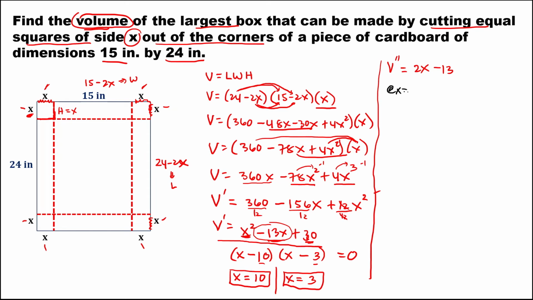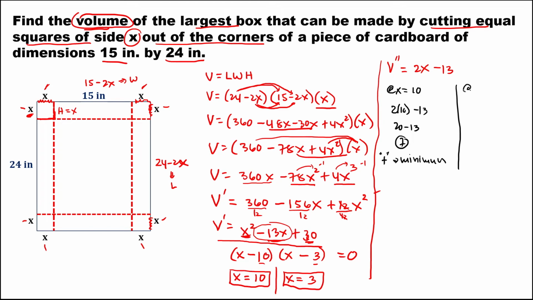Then we can substitute the values of x. At x equals 10, this becomes 2 times 10 minus 13, or 20 minus 13, which is positive 7. If the answer is positive, this is the minimum.